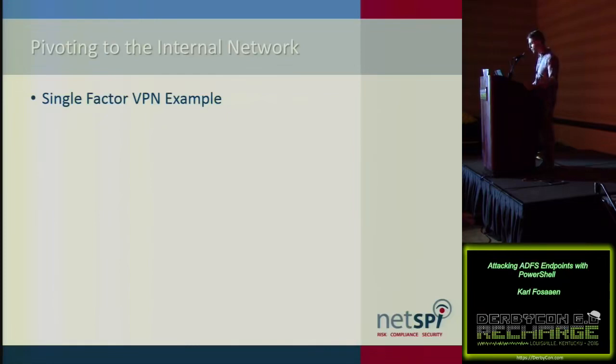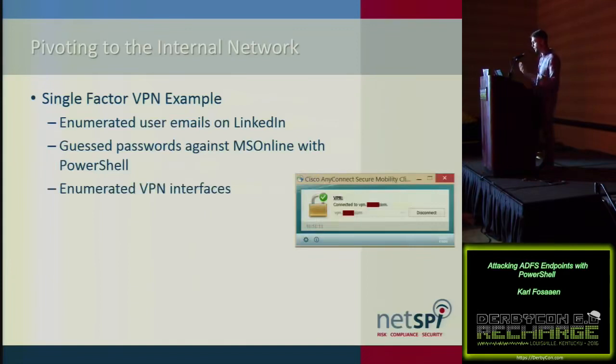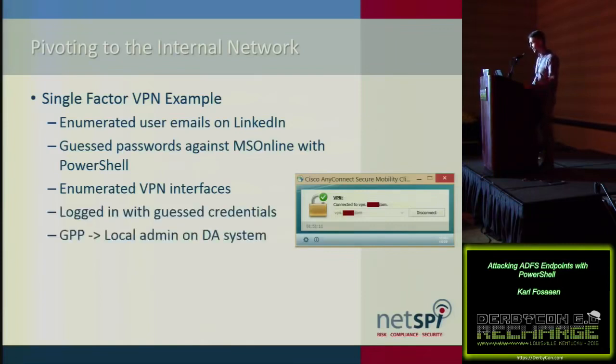So with one of these clients, we enumerated some emails on LinkedIn, went ahead and guessed against MS Online with PowerShell those passwords. We got a full list of all of their users, got default creds, enumerated their VPN interfaces as part of the external pen test, logged in with single-factor VPN. Cool, we're in, this is great. They had group policy with shared local admin on all their boxes, found a DA, went ahead and did the DC sync.